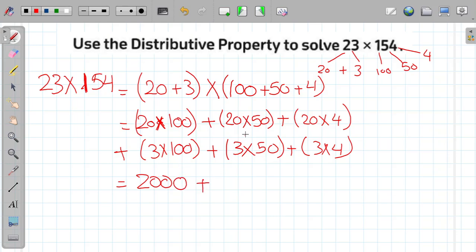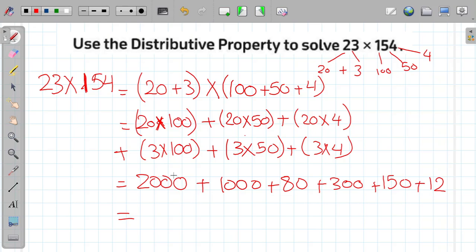Okay, 2 times 5 equals 10. I have 2 zeros, so it will be 1,000. I have 20 times 4 equals 80. Next, I have 3 by 100 equals 300. Next, I have 3 times 50 equals 150. And the last one, I have 3 times 4 equals 12.